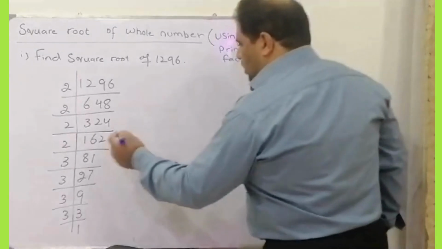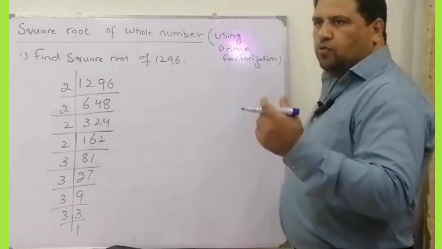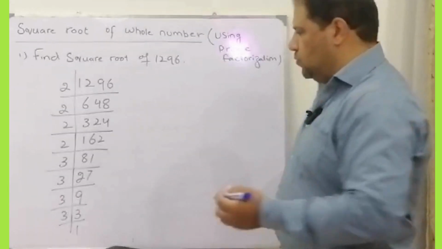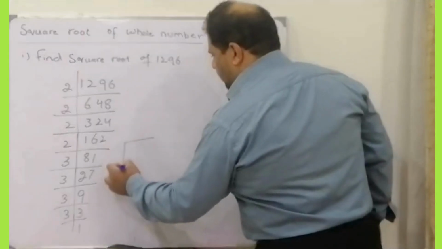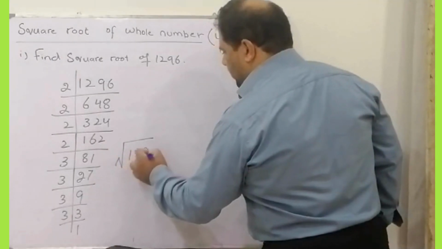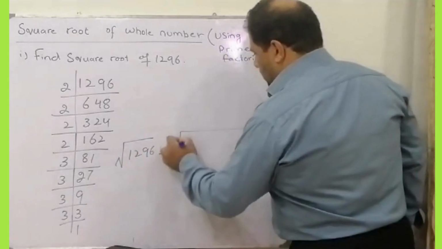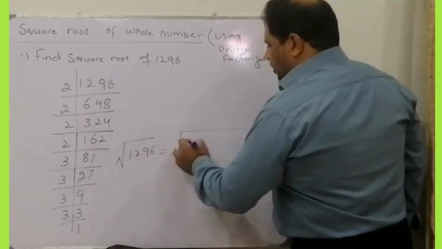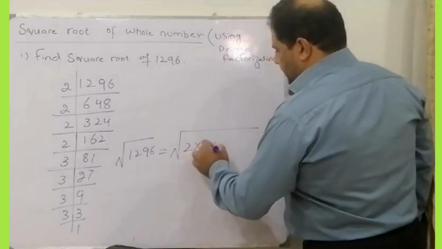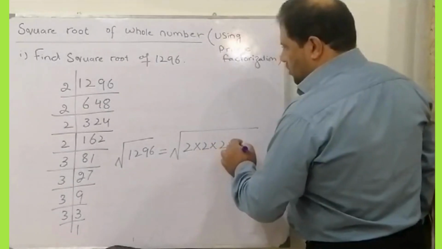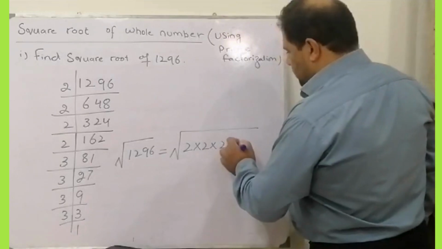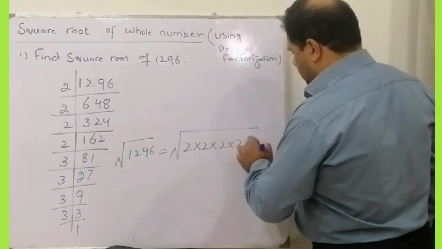Now the main thing we have to follow to find the square root: after doing the prime factorization, we write it in the form of a square root, and we write all the numbers. 2 is coming 4 times and 3 is also coming 4 times.